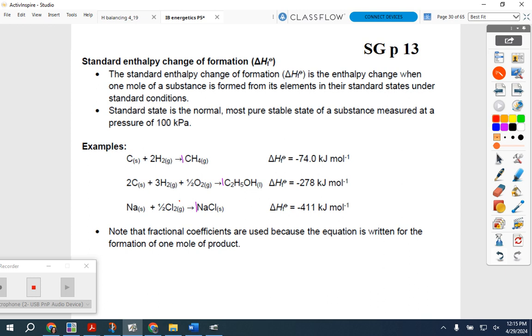Because we want to know what the equation is per 1 mole, which is why our enthalpies are always kilojoules per mole. And in this case, it's per mole of the substance that we're creating out of the elements. So we sometimes are going to get those fractional coefficients when we're writing an equation for the standard enthalpy change of formation.